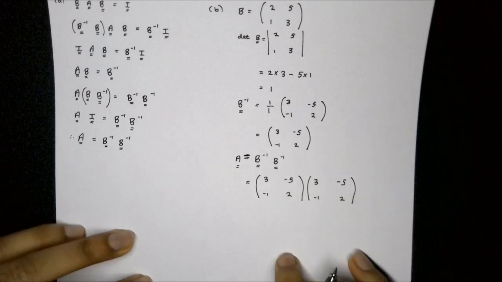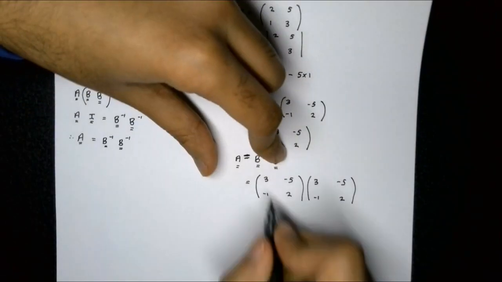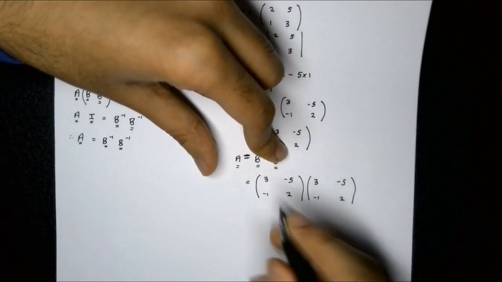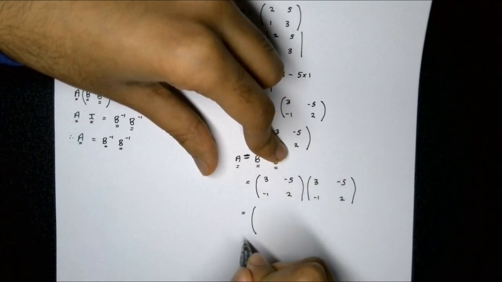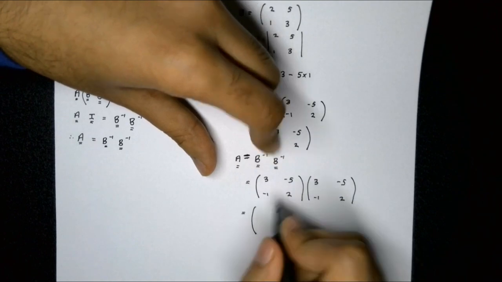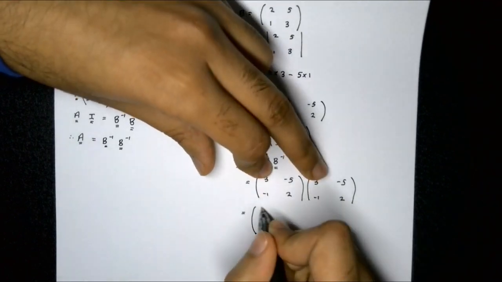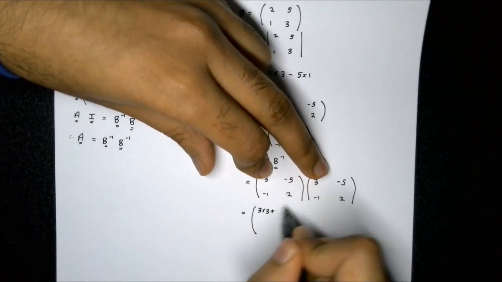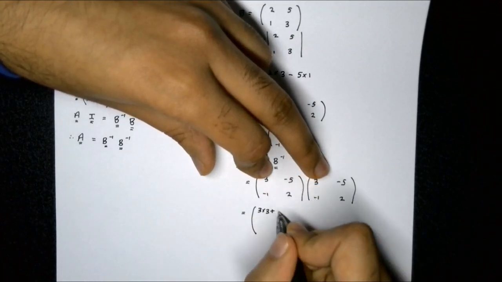Now, to multiply these matrices together, we go across this first row, down this second column. And the resulting matrix will be a 2 by 2. So for this element here, we've got 3 times 3, and then we have minus 5 times minus 1.